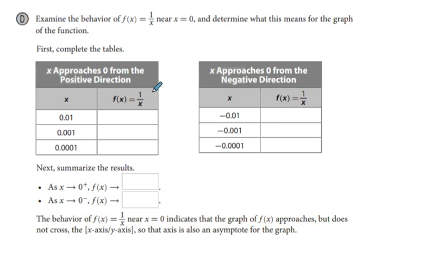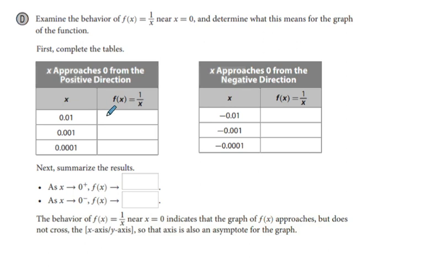Now as x approaches 0, we're going to look at it from the positive direction. That means we're taking an x value 1/100th away, then 1/1000th away, then 1/10,000th away, so we're getting closer and closer to the y-axis.